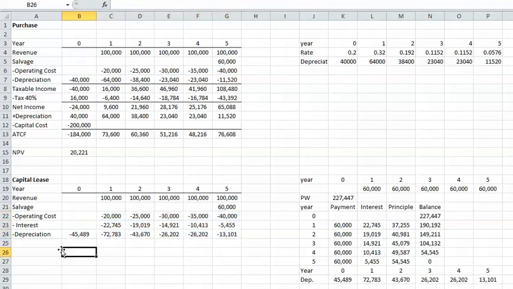And then I will calculate the taxable income, which is the summation of this row. Then we will calculate the tax, which was 40%.